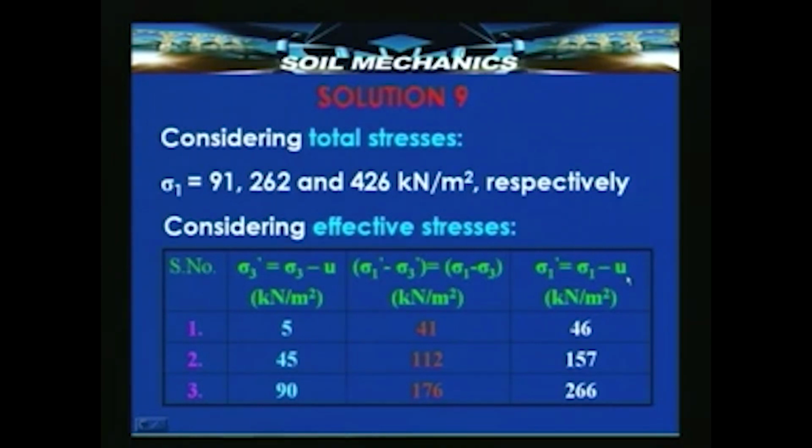Since the pore pressure u gets deducted from sigma 1 as well as sigma 3, the difference between sigma 1 and sigma 3, and sigma 1 dash and sigma 3 dash, will both be the same. So, the deviatoric stress, either in total stress or in effective stress manner, is identical.